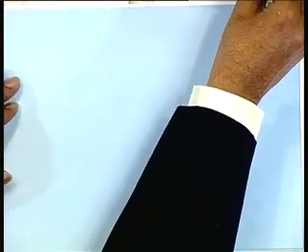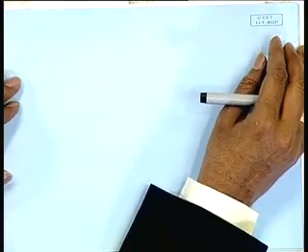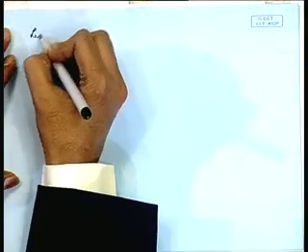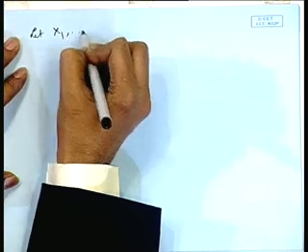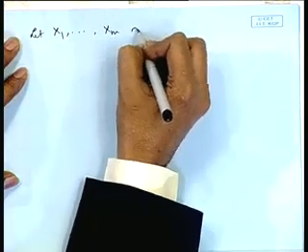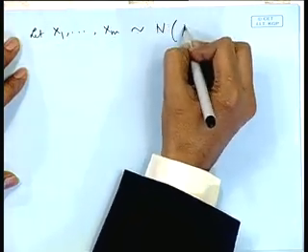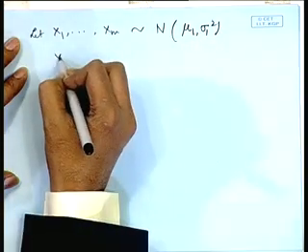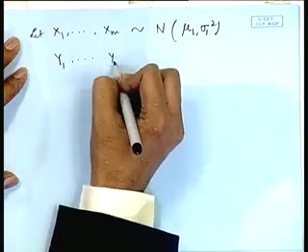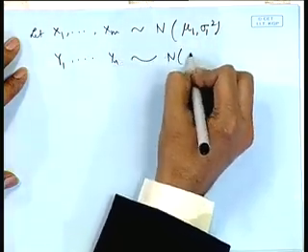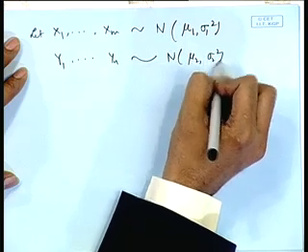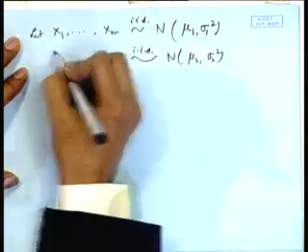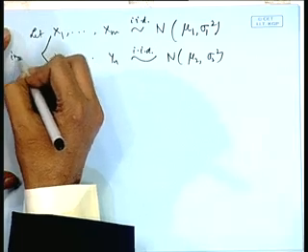Now, we look at how it arises in sampling. So, if we consider, say, a random sample X1, X2, ..., Xm following normal(mu1, sigma1 square), and say Y1, Y2, ..., Yn a random sample from normal(mu2, sigma2 square), and also I assume that these samples are taken independently.